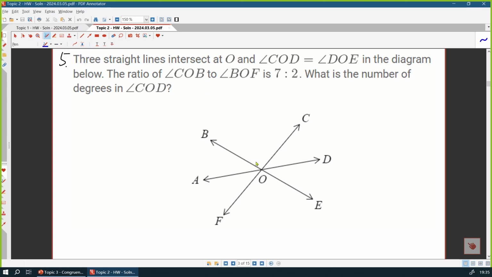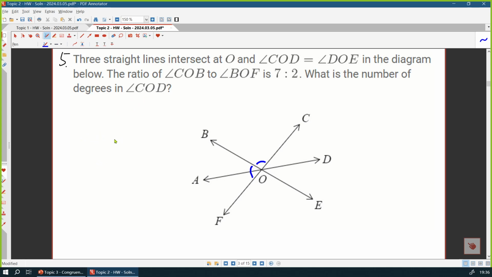Three straight lines intersect at O, and angle COD equals angle DOE in the diagram below. The ratio of angle COB, which is here, to angle BOF, which is here, is 7 to 2. What is the number of degrees in angle COD?